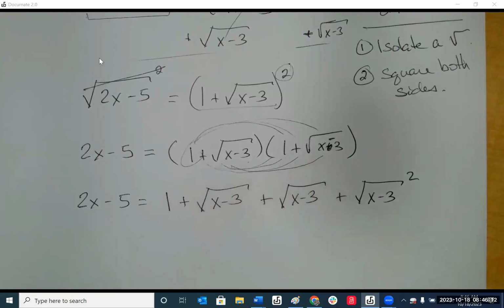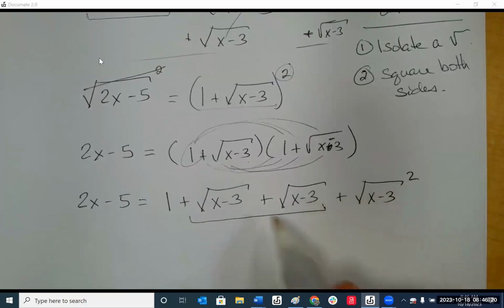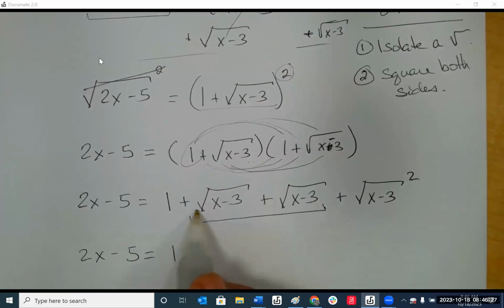Whenever you get rid of parentheses, always combine like terms. Those are like terms. This is not the same because it's squared. These aren't squared. So I got 2x minus 5 equals 1. This plus this is 2 of those.